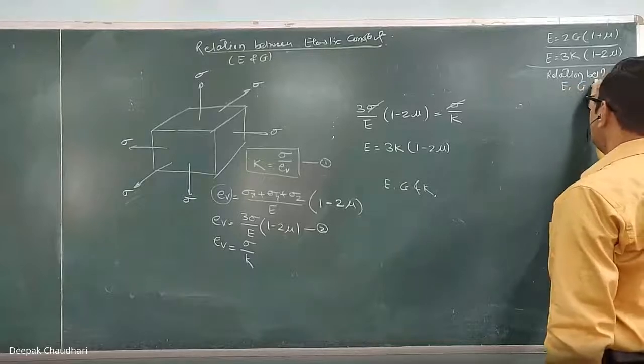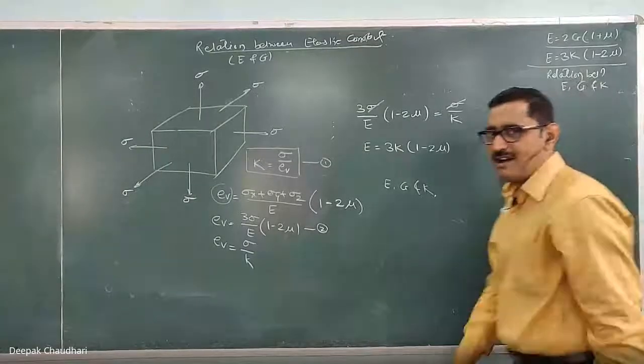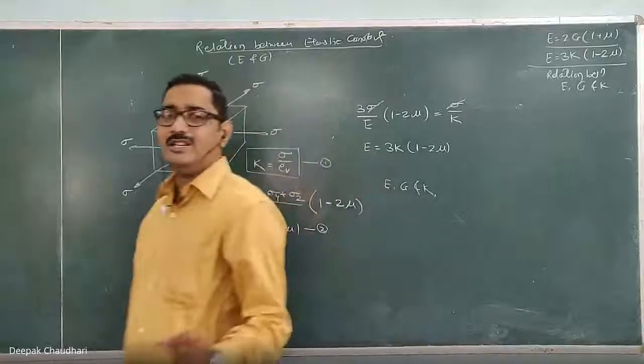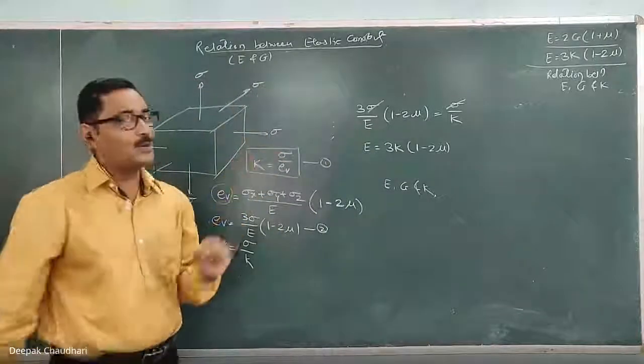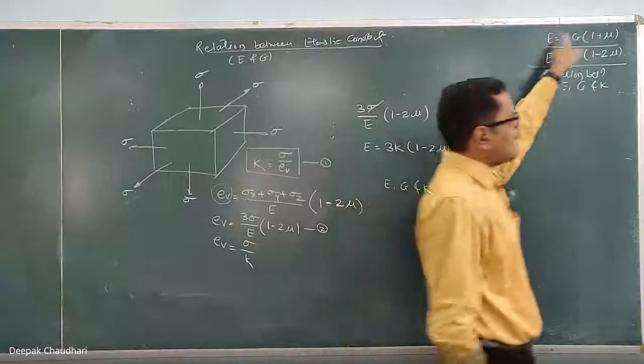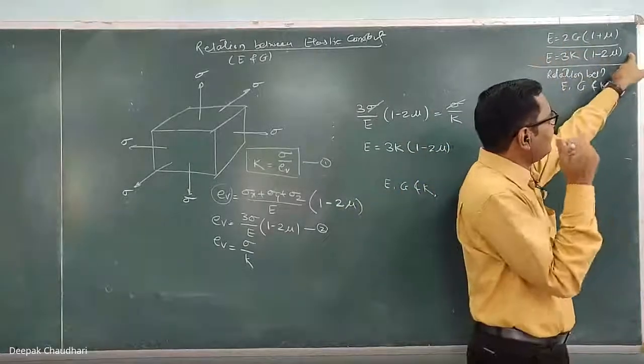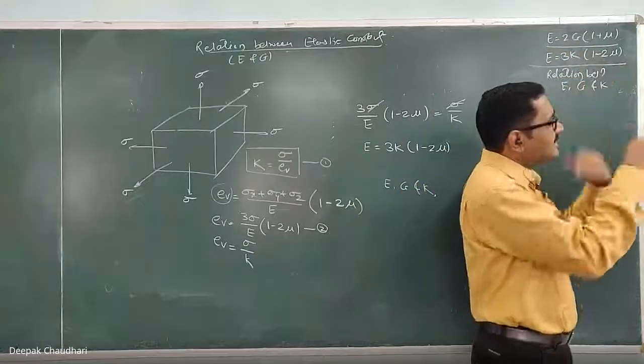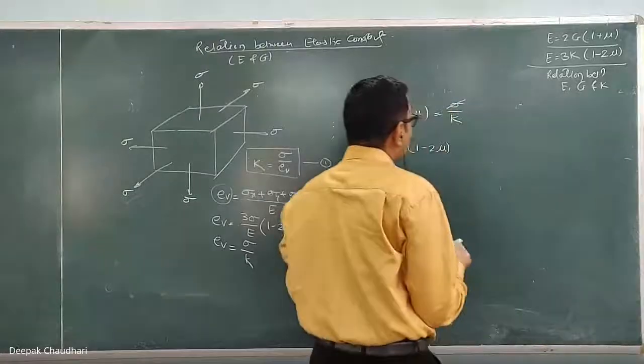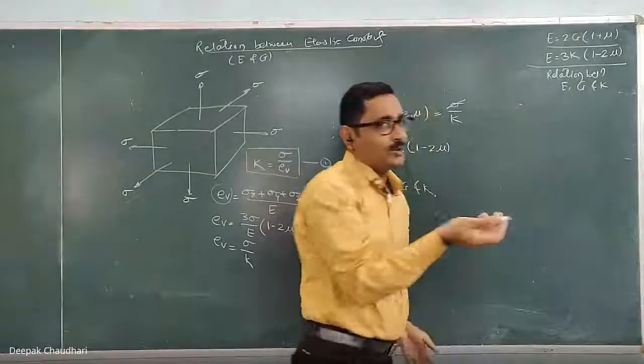If in the exam it is asked, derive the relation between E, G and K, you have to derive both the parts. First, you have to derive this equation, then this equation, and from these two equations, just combine them. How can you combine these two equations? From these two equations, eliminate the mu.